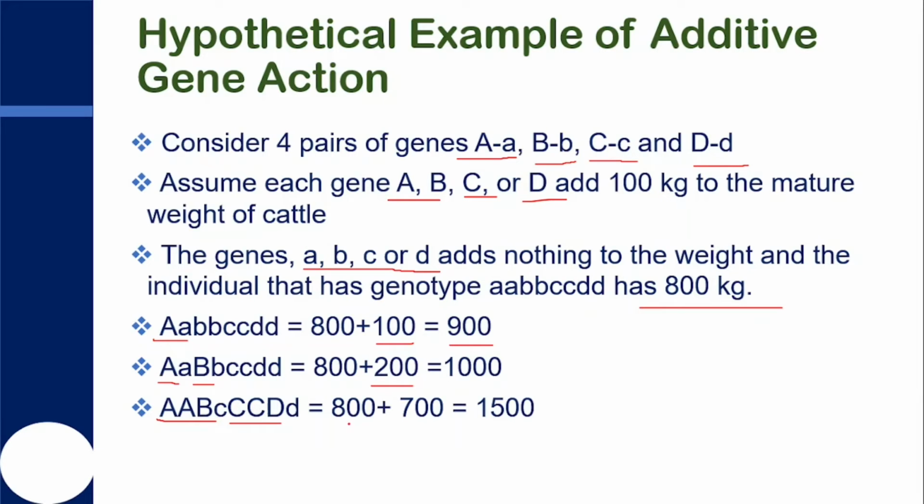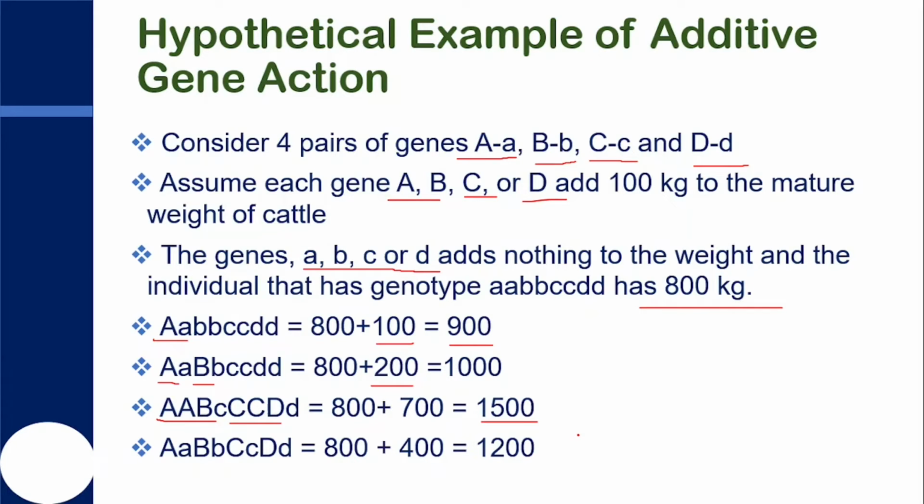So the resultant phenotype of this individual would be 800 plus 700, that is equal to 1500. And in this case we have 4 capital genes, so they add 400 to the phenotype of this individual. So the resultant phenotype of this individual would be 800 plus 400, that is equal to 1200.